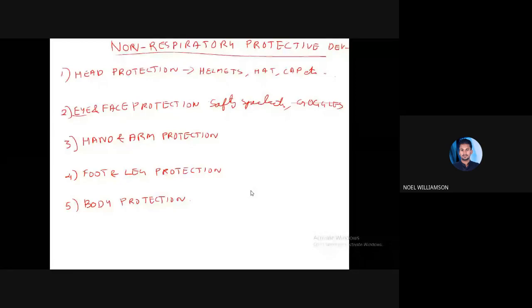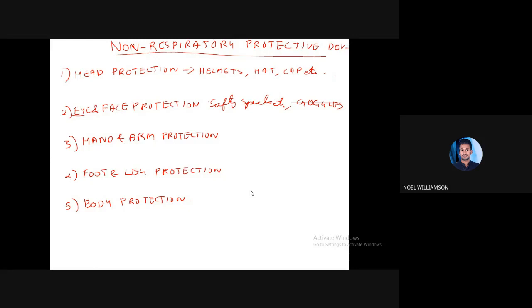Okay. So once again, I will tell you. These are the non-respiratory protective devices. First one was the head protection devices, the devices which protect the head. These are helmets, hat, cap, etc., which protect our head while doing certain processes or procedures. Then comes the eye and face protection.